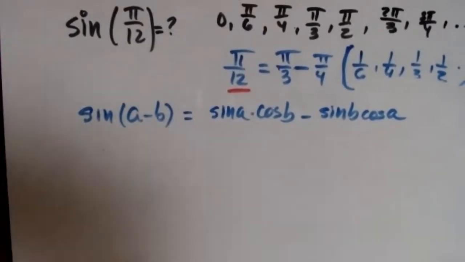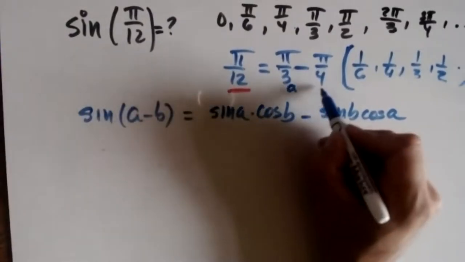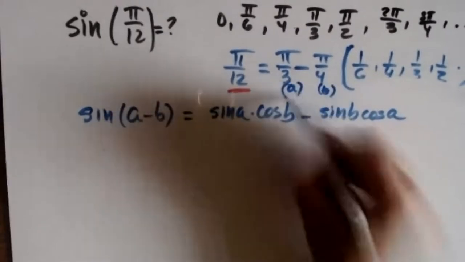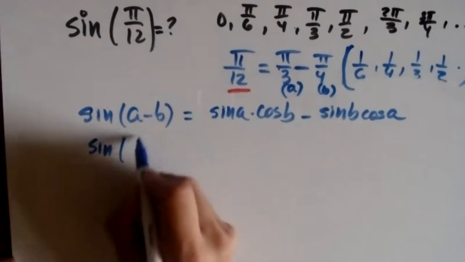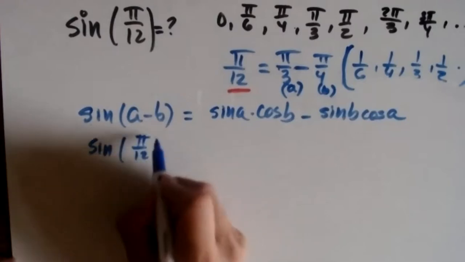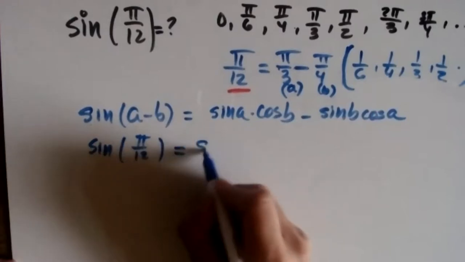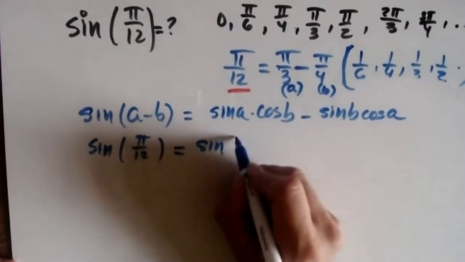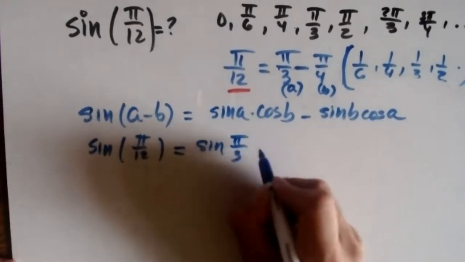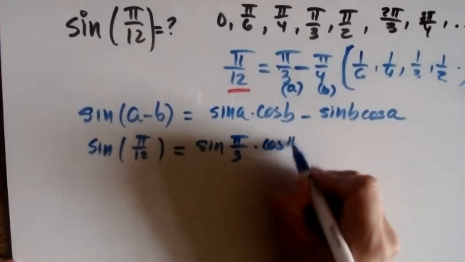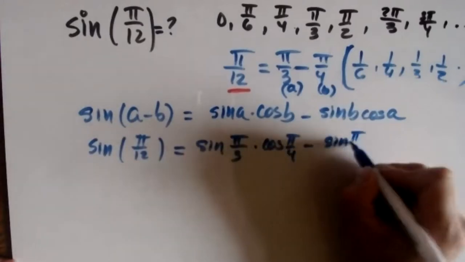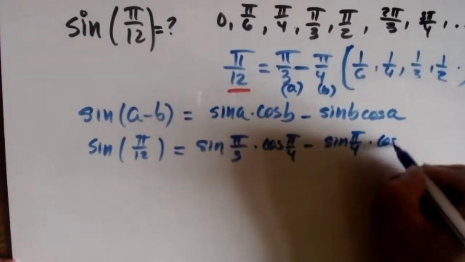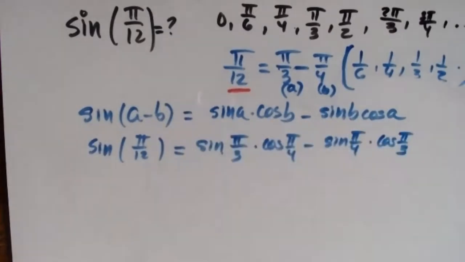And then the only thing I have to do is, okay, this is the a, this is the b, correct? So I'm going to use those angles. So sine of pi over 12 is going to be sine of pi over 3 times cosine pi over 4 minus sine pi over 4 times cosine pi over 3.